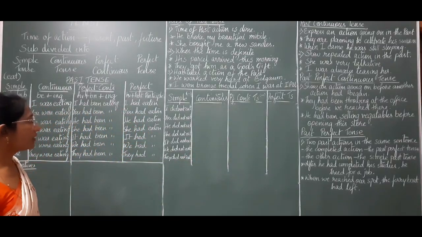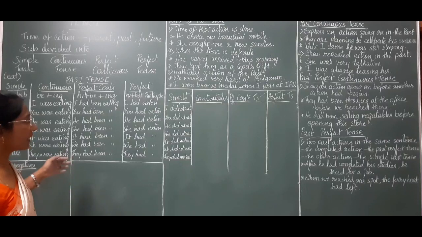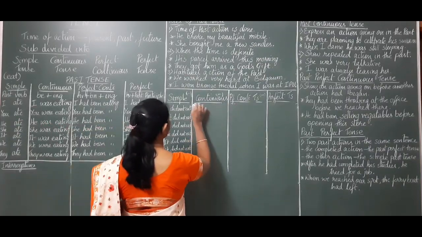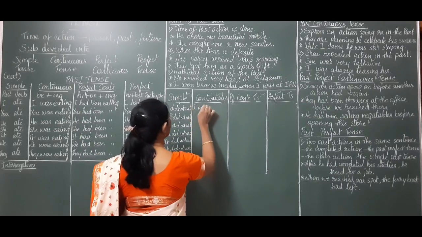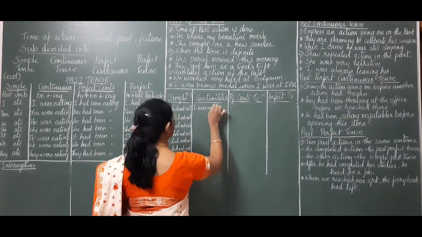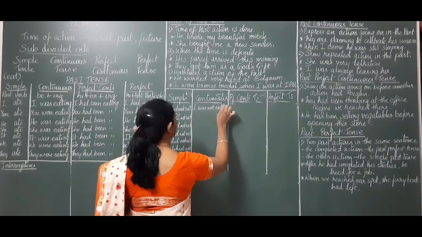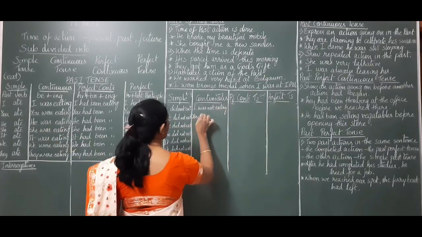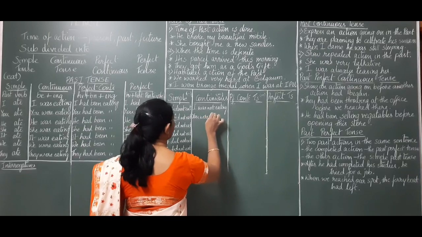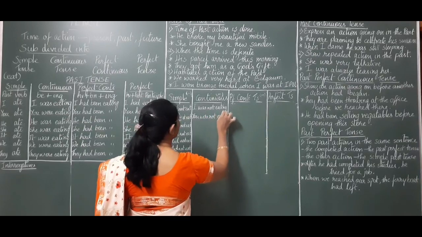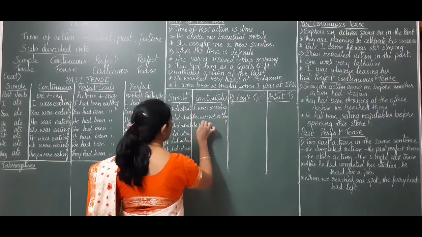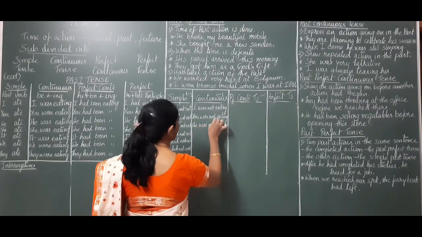Next, past continuous in the negative form. I was eating; I was not eating. For the subject you, were not eating. Third person singular, he was not eating.